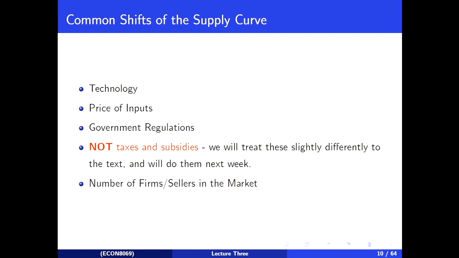So typically, as we have more firms, we're going to see this kind of shift of the supply curve, because each firm produces the same amount, but there's just more firms. So these are typical things that happen. We'll talk more about adding up firms in a moment.